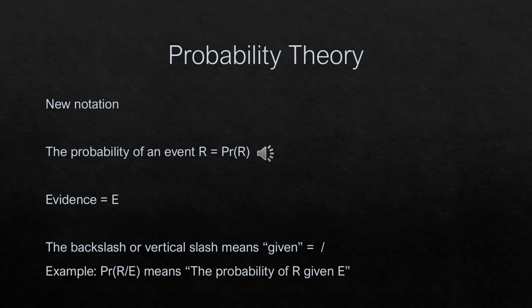So for example, P(R\E) means the probability of R given E. You could read that as the probability of the event R happening given the evidence that we have for R happening, that's E. Given a particular bit of evidence.